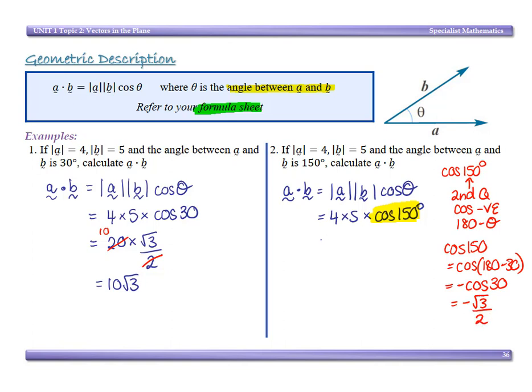So go back and plug that in. So I have 20 times negative root 3 on 2. Simplify, and that becomes negative 10 root 3.